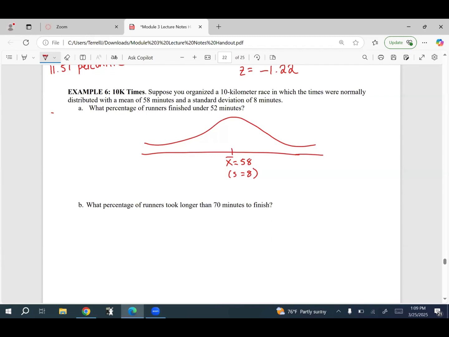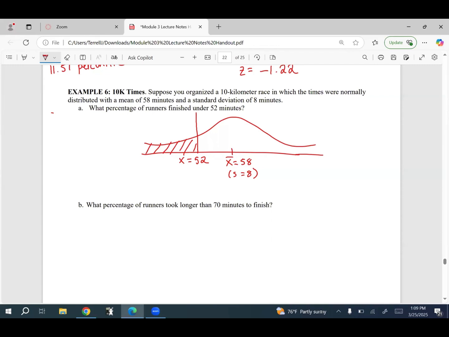So if 58 is in my center, 52 is to the left. Let's say it's somewhere here, and I'm going to say this is X. X is 52. That's my data value. I'm interested in what percentage of runners finished under 52 minutes, meaning below 52 minutes. So I'm interested in this.